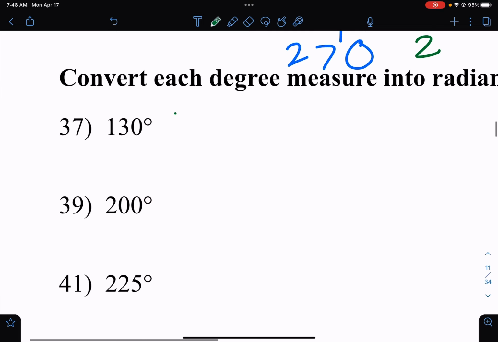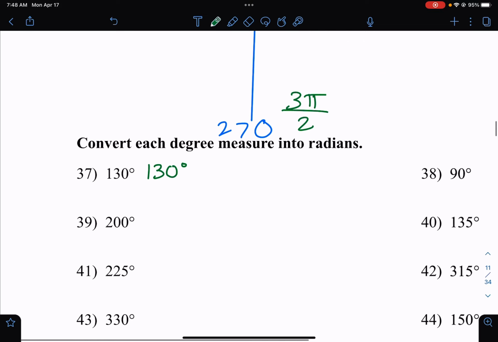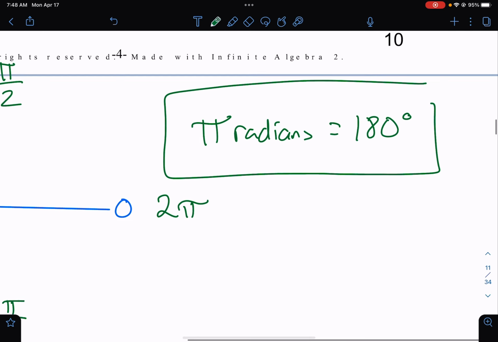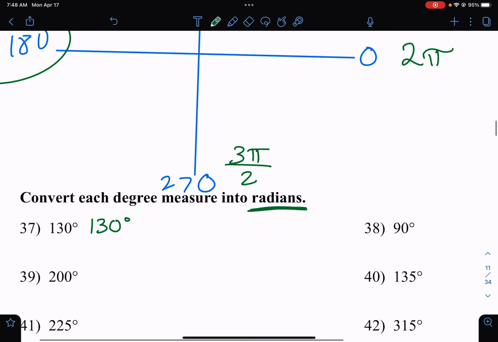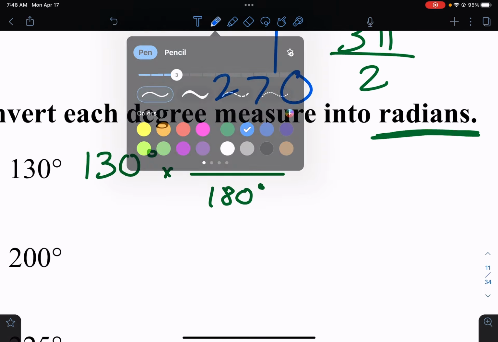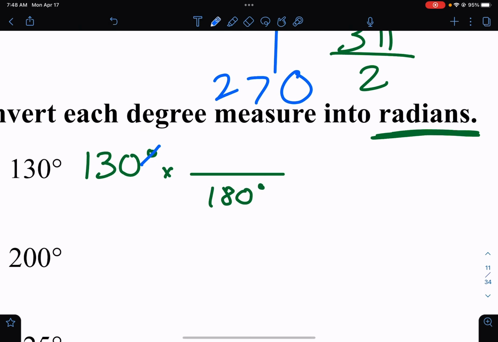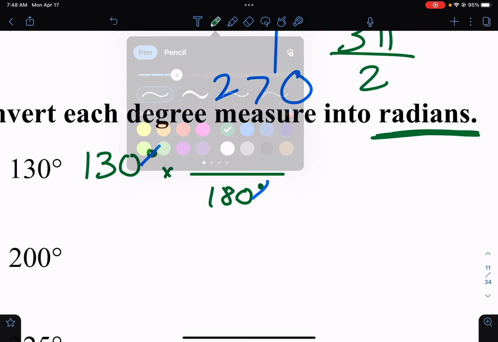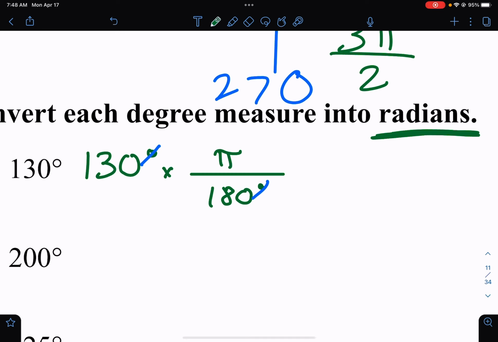So if we have 130 degrees, and we are trying to get to radians, we're going to use our unit conversion, that pi radians is equal to 180 degrees. You always put what you're trying to cancel on the bottom. We have degrees on top, so we're going to put 180 degrees on the bottom so that these cancel, all right? Then we know that 180 degrees is equal to pi radians.